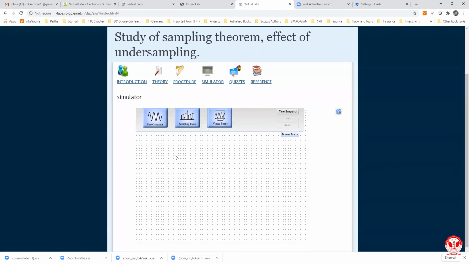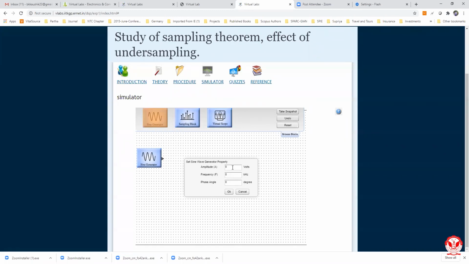So in order to select any of them, we just click on them. It is selected now. Now we drag it to the white space here. As we click here, a window pops up again. It has 3 parameters: amplitude, frequency, and phase.